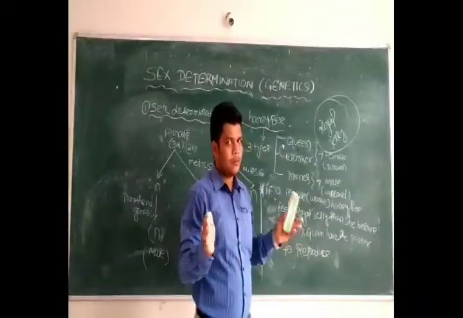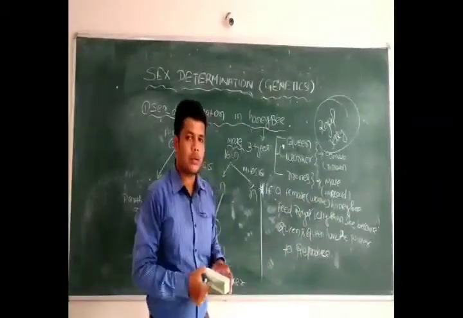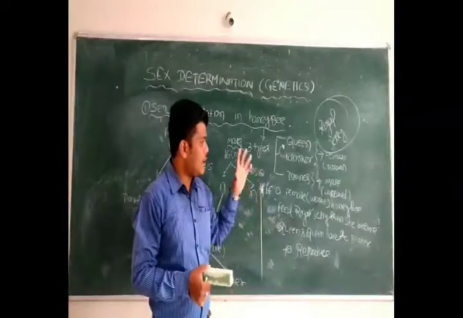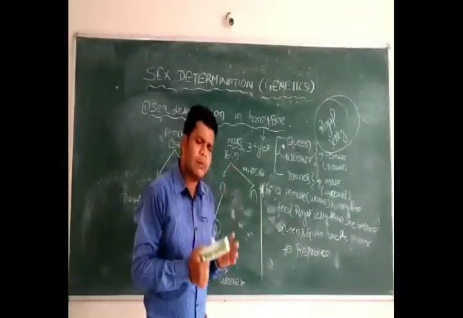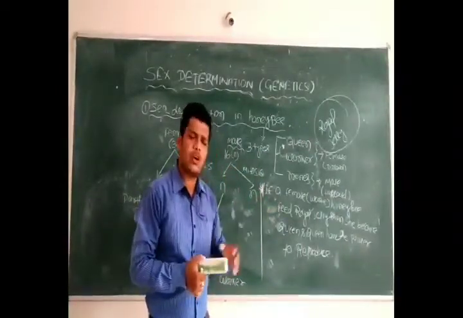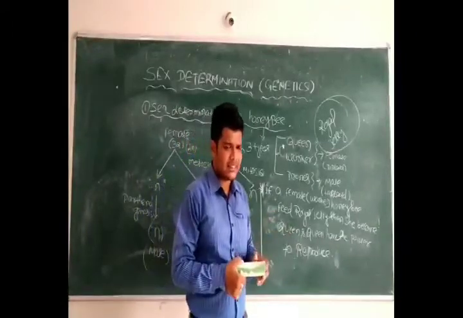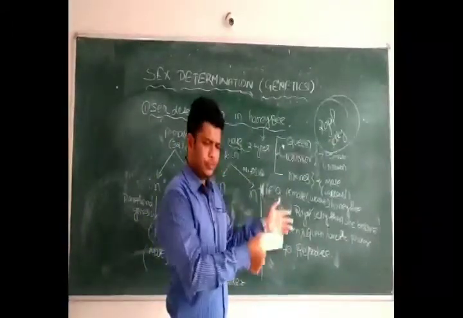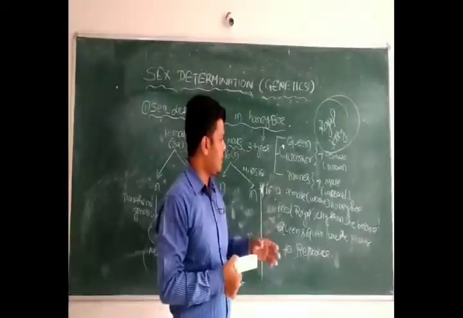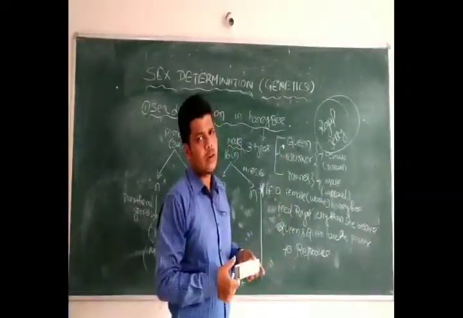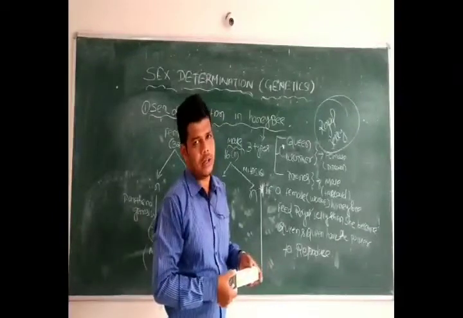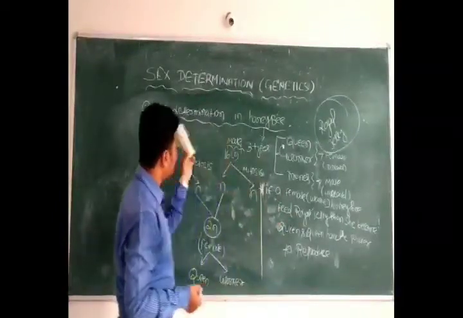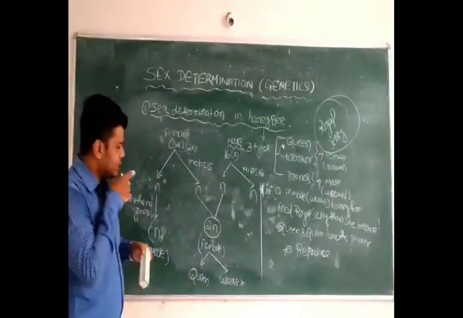So in a group of honeybees there will be one queen or two queens. The only function of the queen is producing ova or egg cells, the male have to fertilize the female, and the worker does the work of collecting honey. This is all about sex determination in the honeybee.